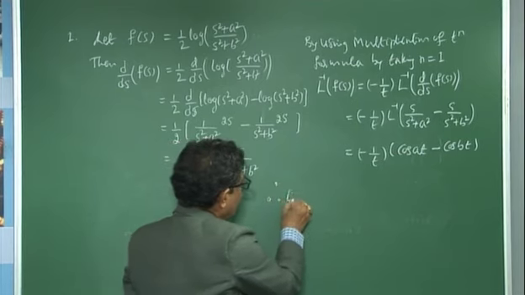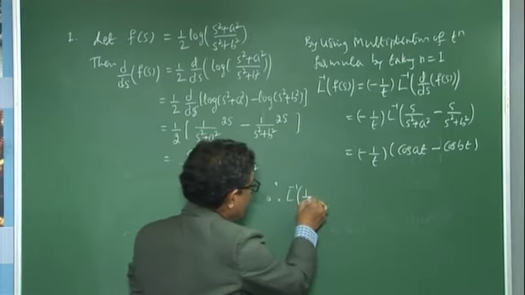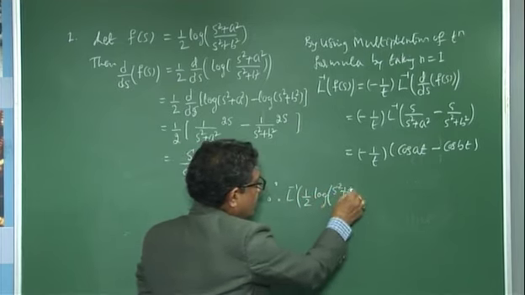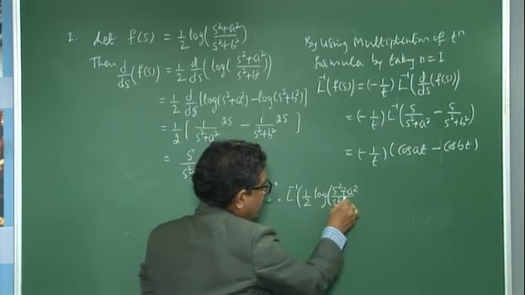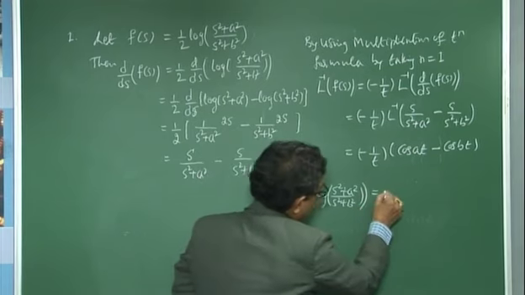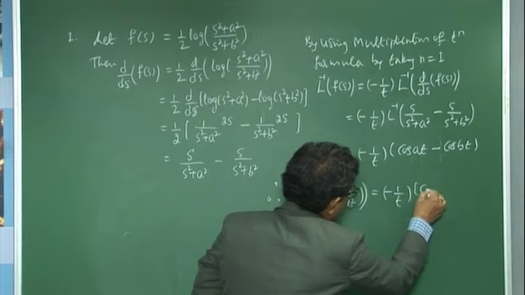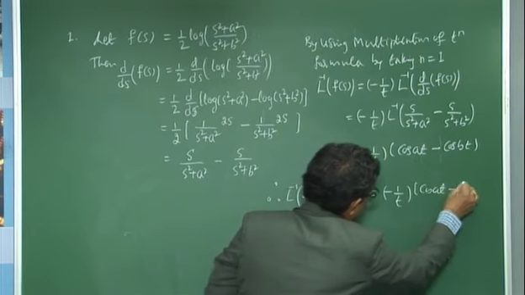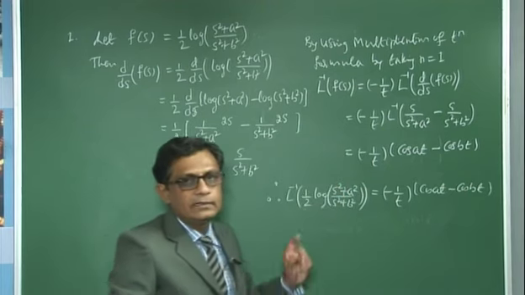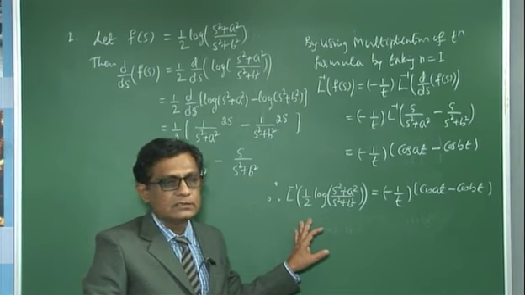Therefore, L inverse of f of s, that is 1 by 2 log of (s square plus a square) by (s square plus b square), is equal to minus 1 by t into (cos at minus cos bt). Like this you have to do the examples.